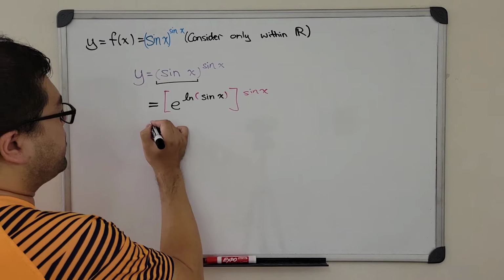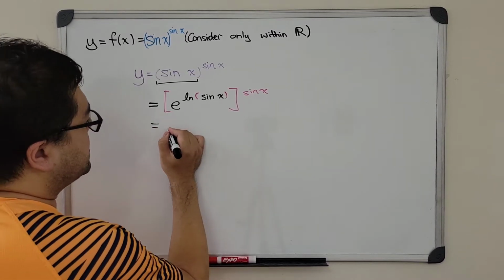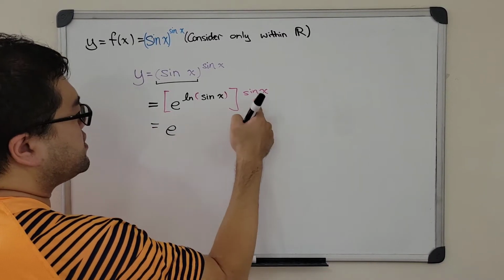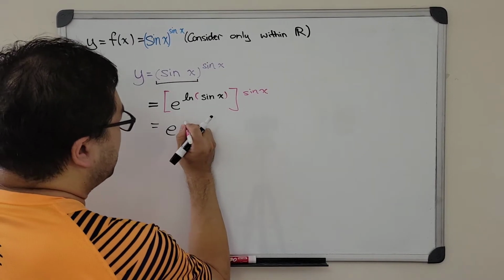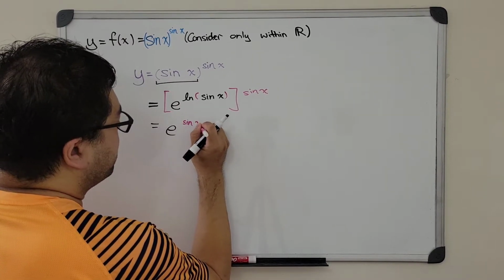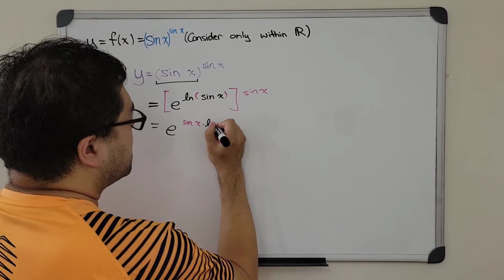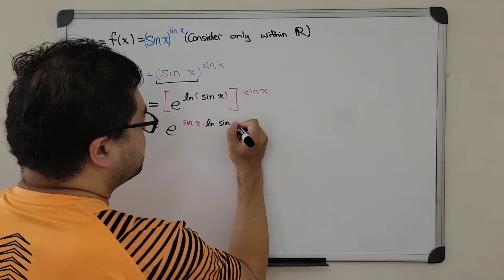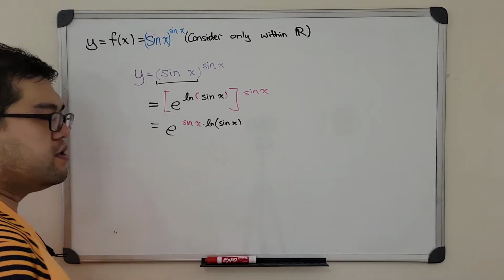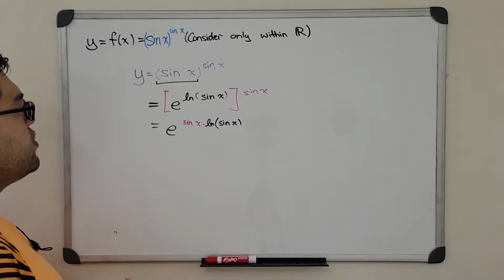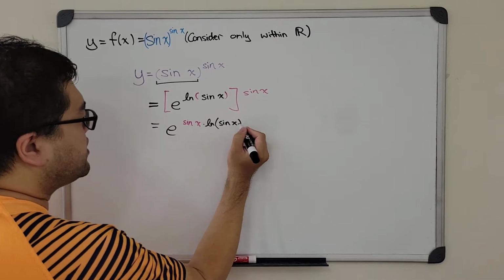Now if we combine it together, we get e to the sine of x power, which is from here, times ln of sine of x, like this. Good. Now we have e to some power.